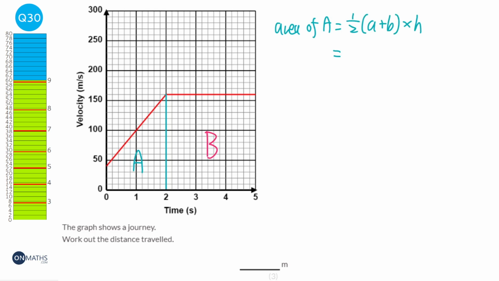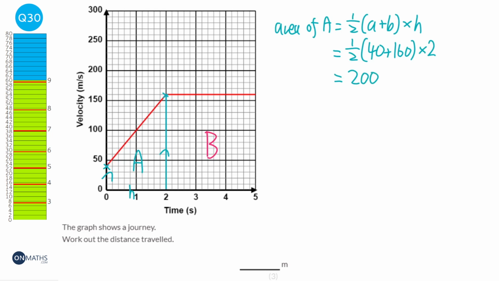And the 2 parallel sides are on the left and the right. So it's going to be half times this part here, which is 40, plus this point here, which is 160. And then the height is actually the width. So the height is this bit here, so it's going to be times 2. Those will cancel out, the half and the times 2, so that would be 200.